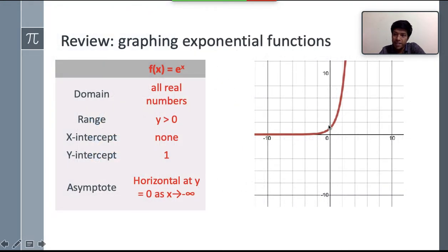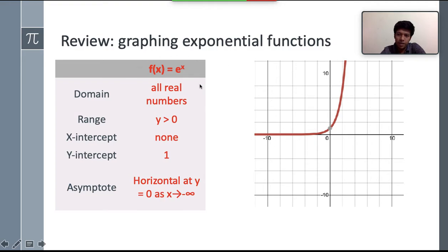To understand the graph of a logarithmic function, we need to understand the graph of the exponential function very well, since they are highly interconnected. Basically they are inverses of each other, so they are very important. If you wish to review exponential function graphs and properties, this is an example: e to the power x graph is this one.